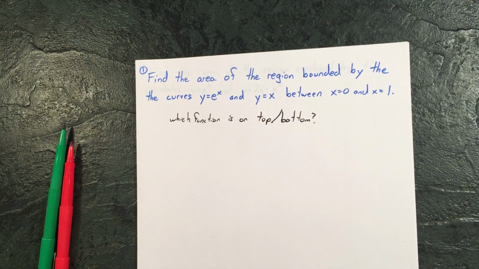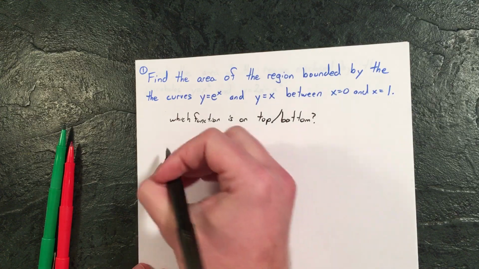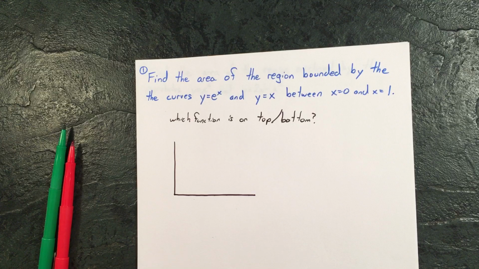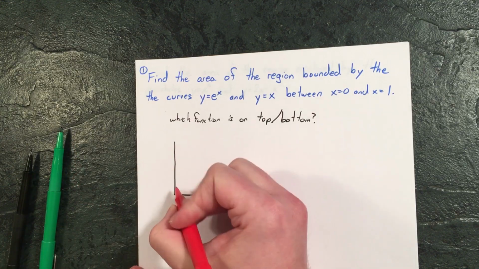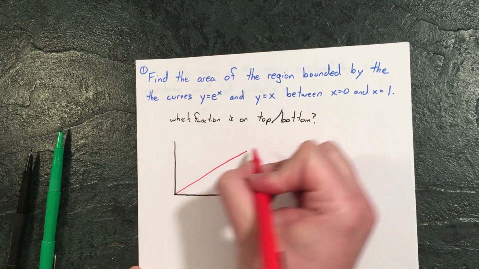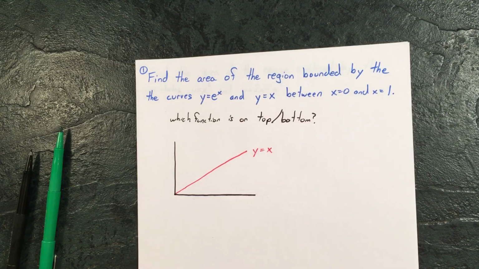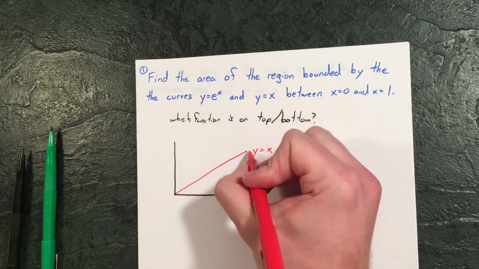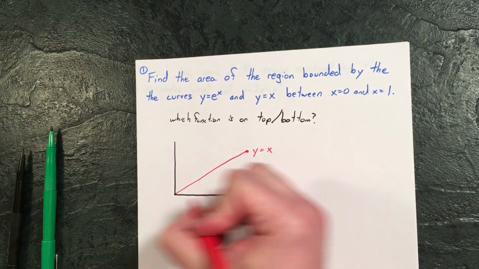The easy function for us to graph is definitely the y equals x function. This is the one we've seen so many times. Now y equals e to the x. We've got to be thinking, where are these points? What's going on between 0 and 1?